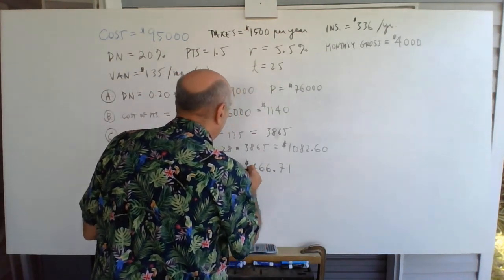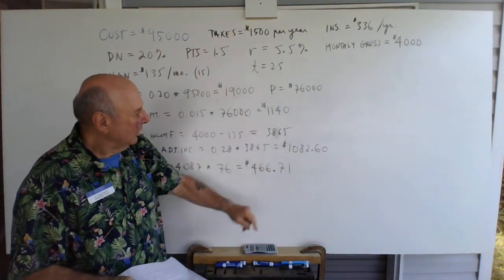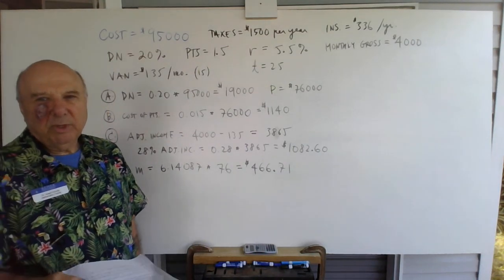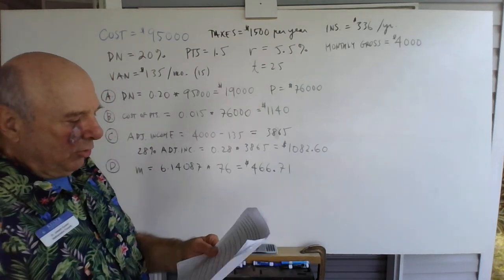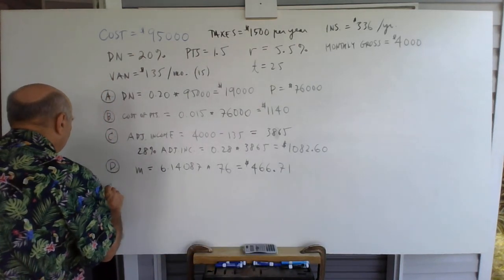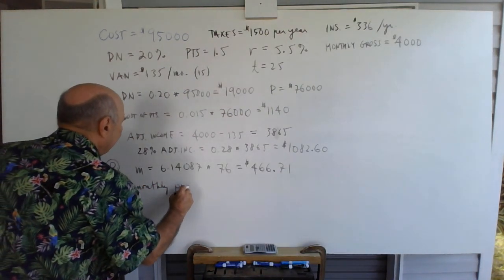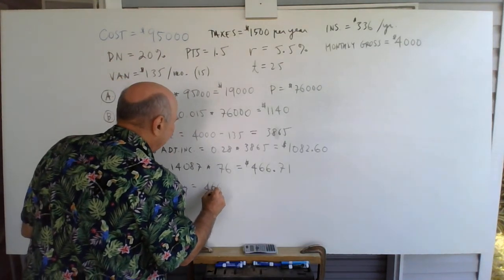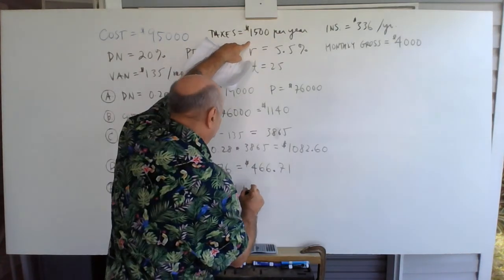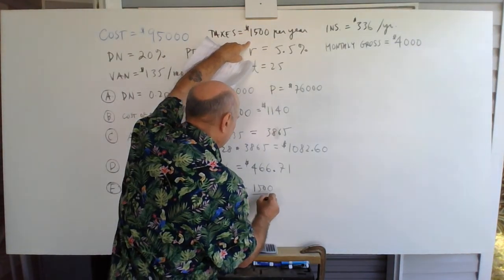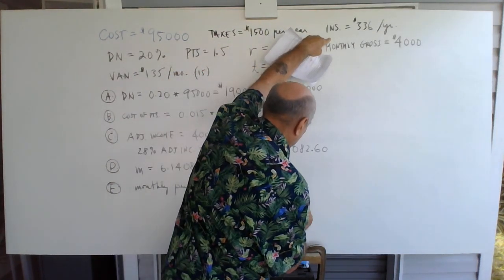Well, I think things are looking good for Kathy, because this is less than half of her adjusted monthly income. But we still have to add in her total monthly house payment. So monthly pay is the $466.71, that's the P&I, plus 1/12 of the taxes, plus 1/12 of the insurance.